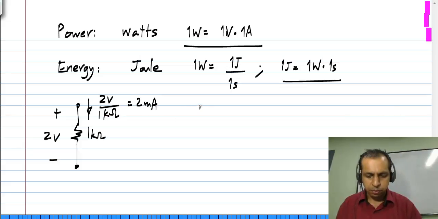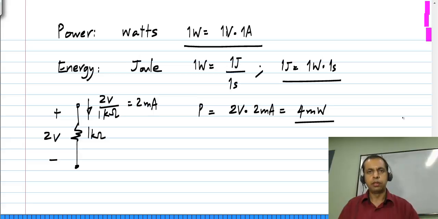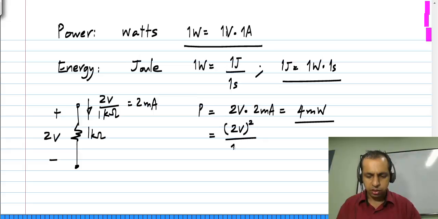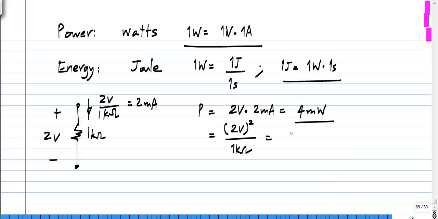So, the power dissipated in this when 2 volts is across the resistor is 2 volts times 2 milliamps, which is 4 milliwatts. Okay. Now, you can also calculate this as V square by R, which is 2 volt square divided by 1 kilo ohm, which is 4 times 10 to the minus 3 watts, which is 4 milliwatts.